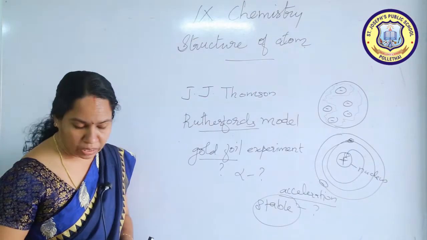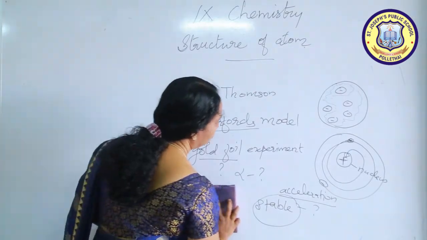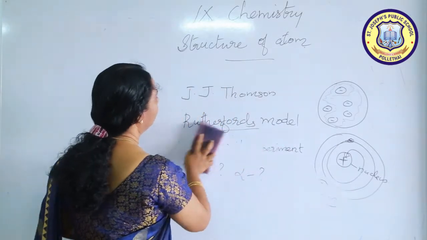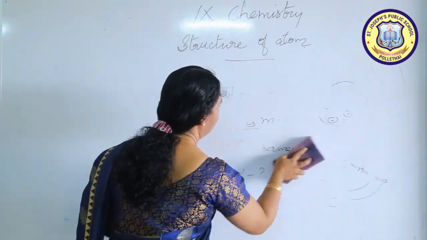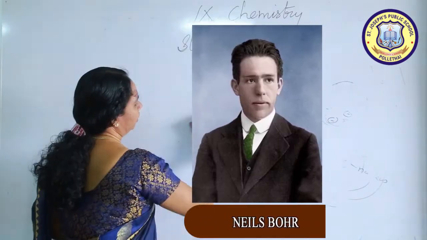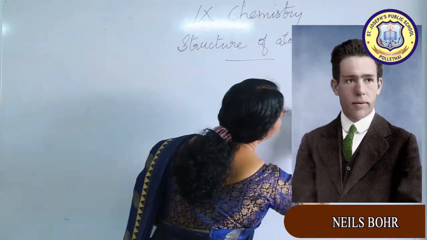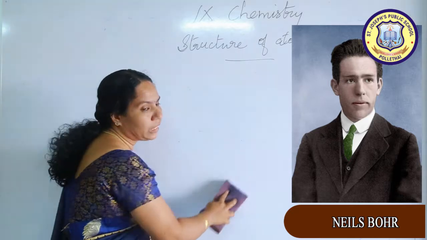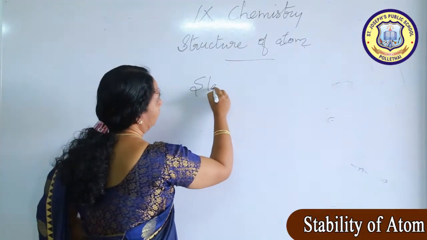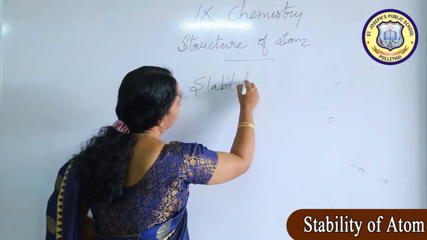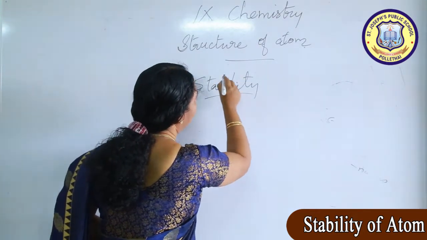Then, another scientist called Niels Bohr, a Danish physicist, focused on the stability of atom. The main focus of Niels Bohr was the stability of atom.